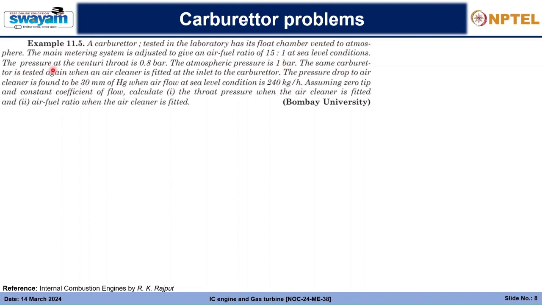The same carburetor is tested again when an air cleaner is fitted at the inlet to the carburetor. The pressure drop across the air cleaner is found to be 30 mm of Hg when airflow at the sea level condition is 240 kg per hour. Assuming zero tip and constant coefficient of flow, we need to calculate the throat pressure when the air cleaner is fitted and the air-fuel ratio when the air cleaner is fitted.